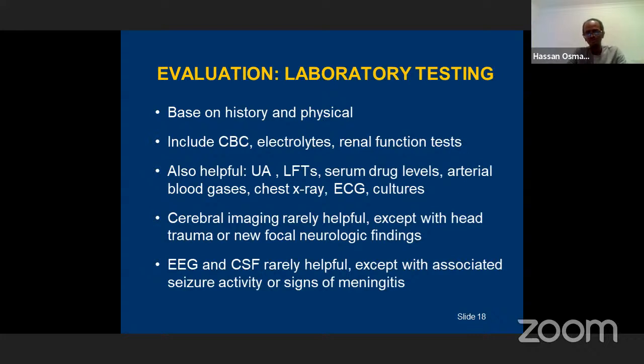We only do imaging studies if we think the cause could be trauma, or you observe a new focal neurological finding. EEG and CSF are rarely helpful, except if the person is having a seizure or a sign of meningitis.